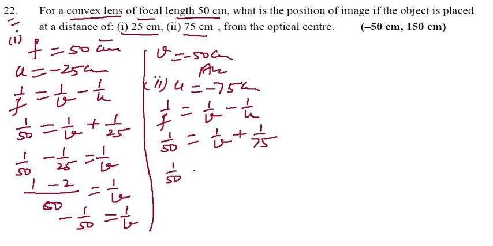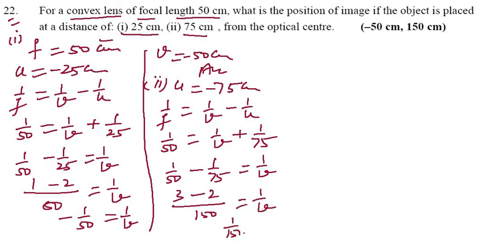Now 1 upon 50 minus 1 upon 75 is equal to 1 upon v. Taking the LCM, it is 150. So 50 3 times and 75 2 times. So 1 upon 150 is equal to 1 upon v. So we can say v is equal to 150 centimeters. So that is your second answer.